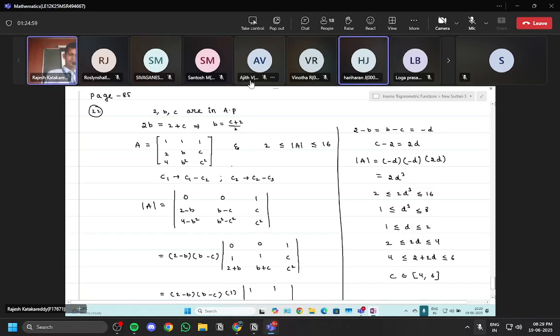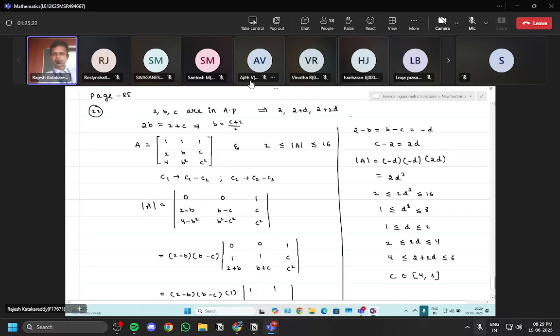Sir, can you explain the right part of the sum, sir? This one? Yes, sir. See, it is given that A, B, C are in arithmetic progression. That means I can write this as 2, 2 plus D, 2 plus 2D.